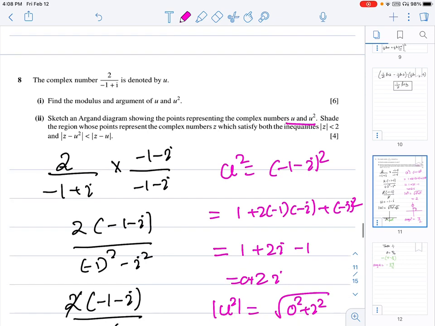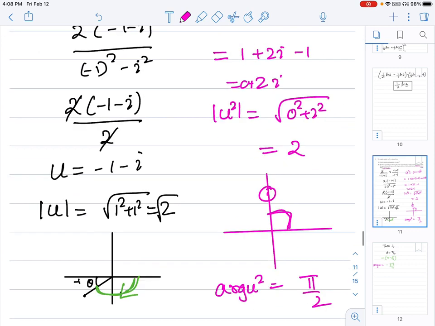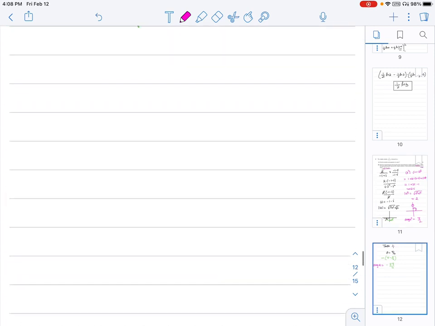We have already drawn it; once again we'll draw. Shade the region whose points represent the complex numbers which satisfy modulus of z is less than 2 and modulus of z minus u squared is less than modulus of z minus u. So once again we shall draw the Argand diagram.